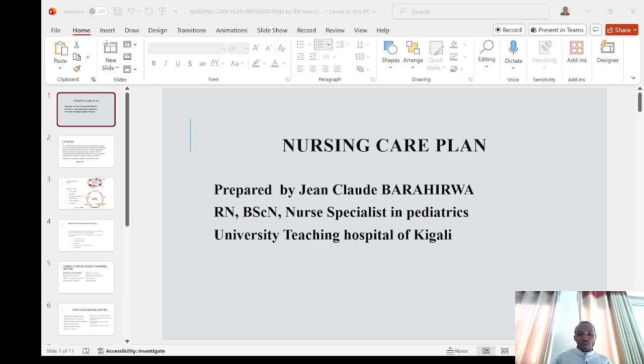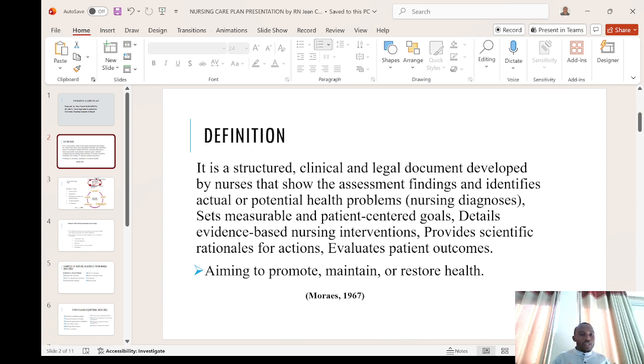And as we promised to always provide you with good information regarding nursing care, today we have an interesting topic, which is the nursing care plan. To start with the definition, a nursing care plan is a very common document that is well known in nursing care.